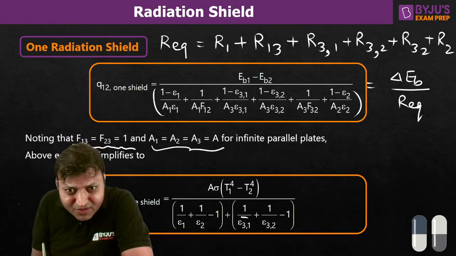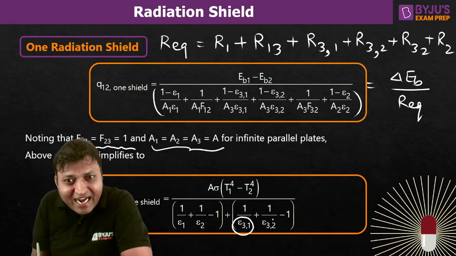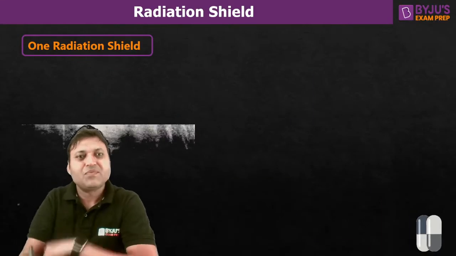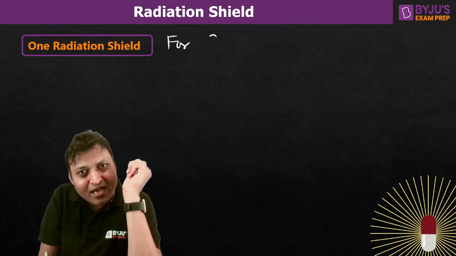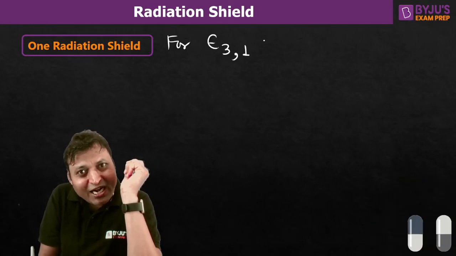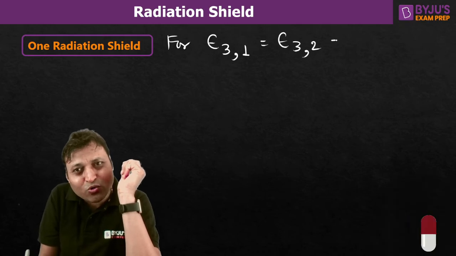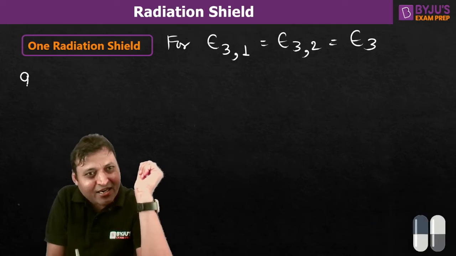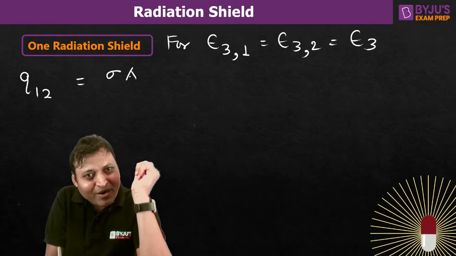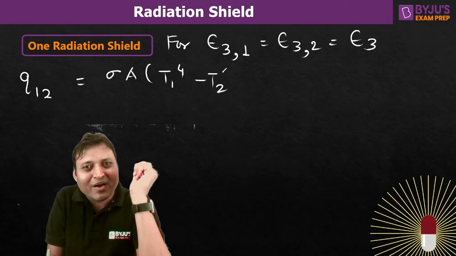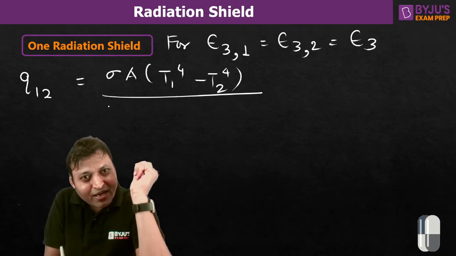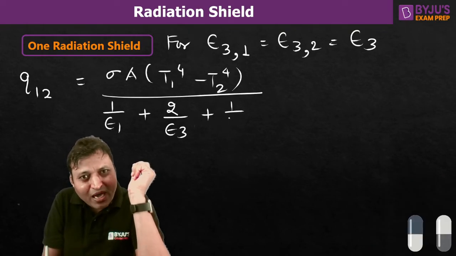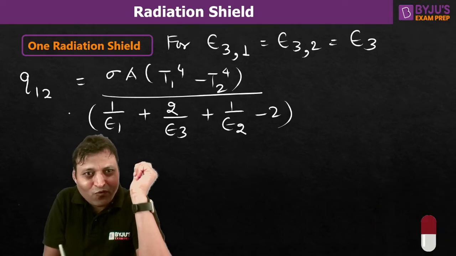Now, generally the shield will have the same emissivity on the left hand side and on the right hand side. So if we say epsilon 3 towards side 1 is equal to epsilon 3 towards side 2, equal to epsilon 3, then for one radiation shield, Q1 to 2 will be equal to sigma into A into T1 to the power 4 minus T2 to the power 4, divided by 1 upon epsilon 1 plus 2 by epsilon 3 plus 1 upon epsilon 2 minus 2.